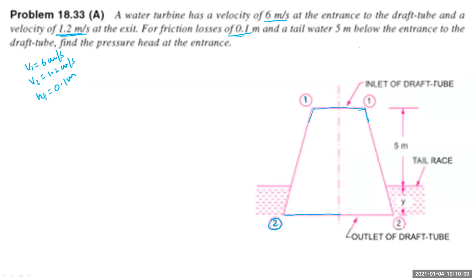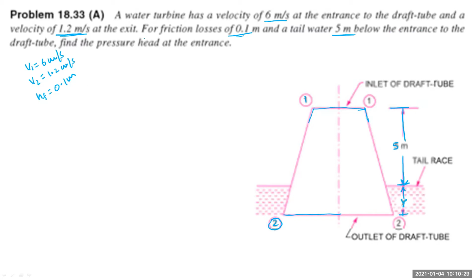Tail water is 5 meter below the entrance to the draft tube. As you can see here in the diagram, this distance is given up to here, and we will consider this as y.